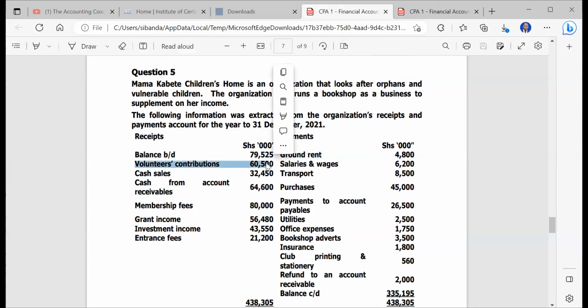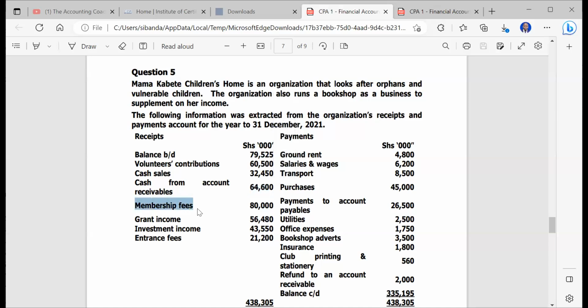Like a volunteer may not be even directly in the organization, but they can contribute to the organization. Cash sales. Now, since they have told us that they run a bookshop, we know that these cash sales relate to the bookshop. Cash from accounts receivable, we again know that this is also due to the bookshop.